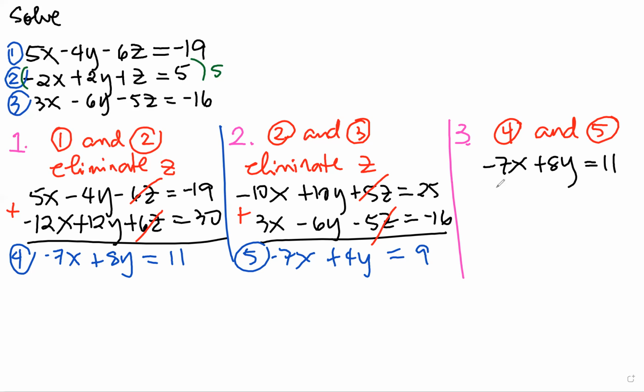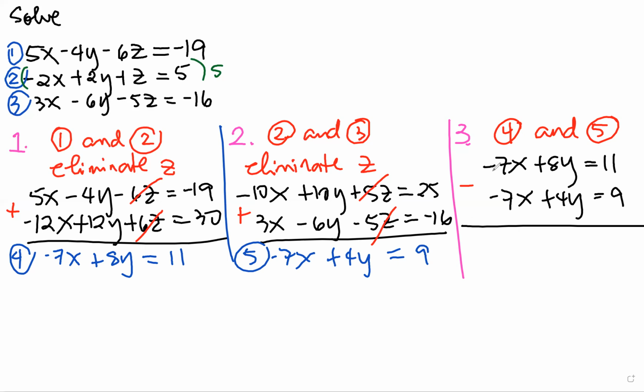My fifth is negative 7x plus 4y equals 9. Look at this. I can eliminate x here because they have the same number and the same sign, so instead of addition, I can use subtraction here.